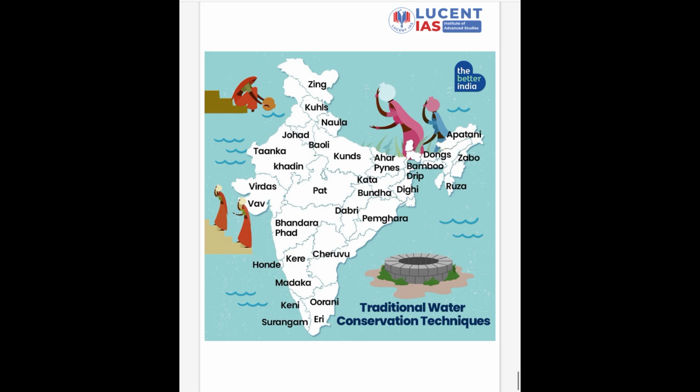One thing getting in the news is traditional water conservation techniques. What are traditional water conservation techniques? For example, Dongs in Assam, mainly used by a community, the Boro or Mising community. Then Jinx, Cools, Nola.